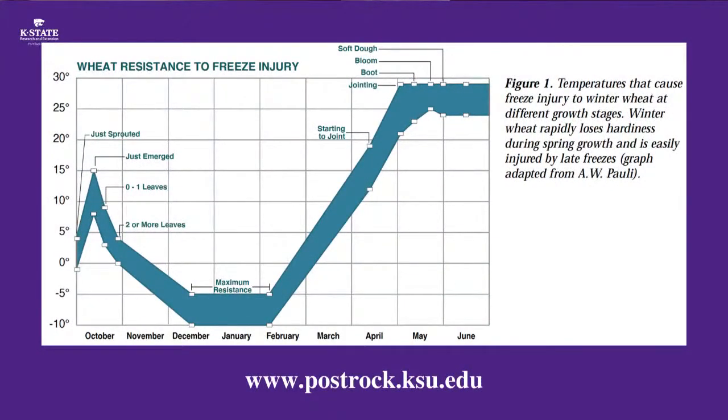In that blue line there, it shows you the stage of development. As you can see up at the top on the left-hand side, that point says just sprouted, just emerged. That would be last November. Down at the bottom is where it has the most resistance, which would be in January, February.